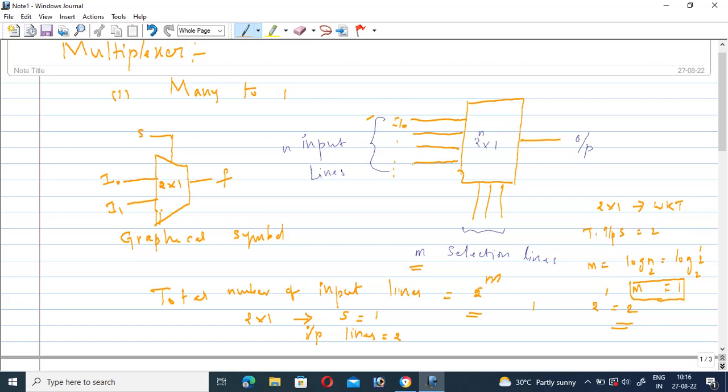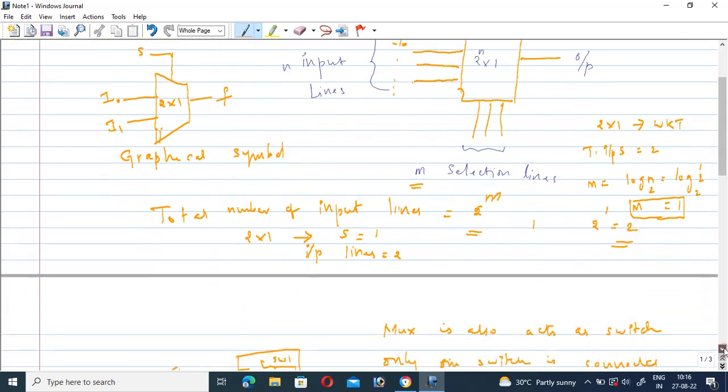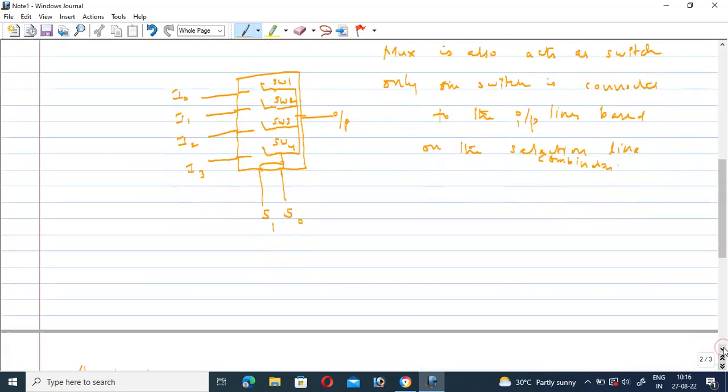So based on the input lines, we can also decide how many selection lines are required. For a 4 by 1 mux, I will treat m is equal to log n base 2, where n is the number of input lines, so total inputs is equal to 4.